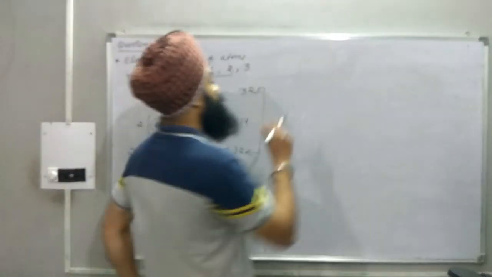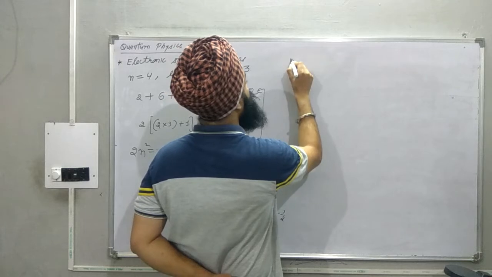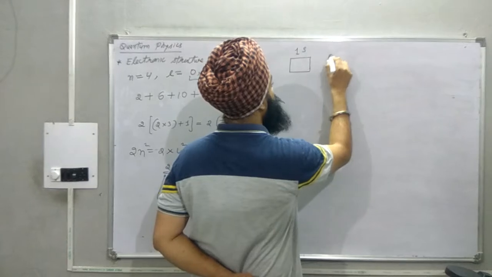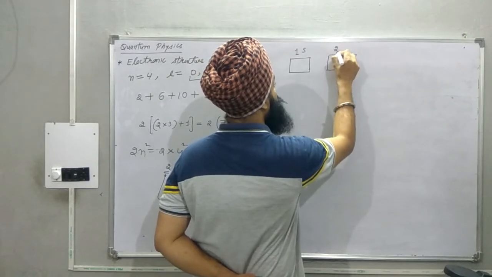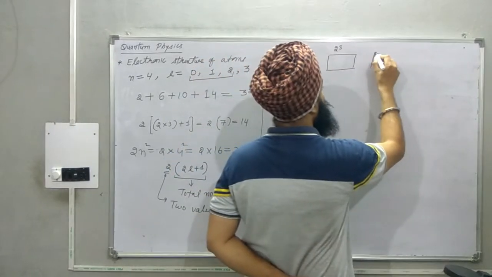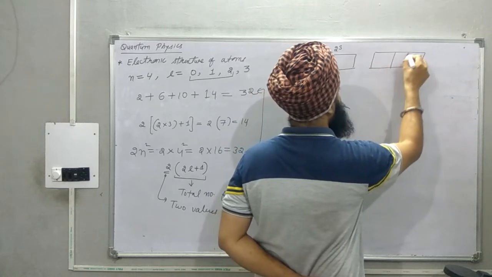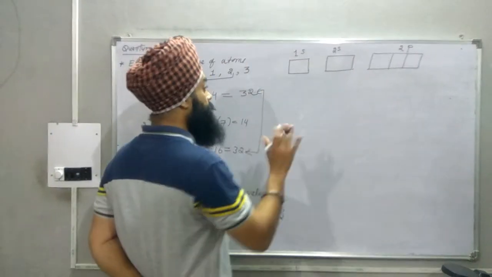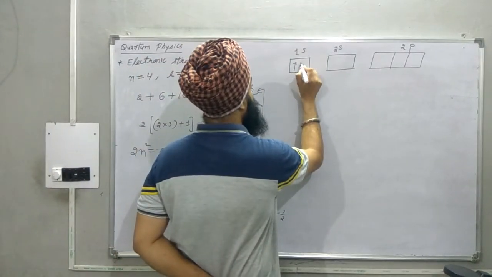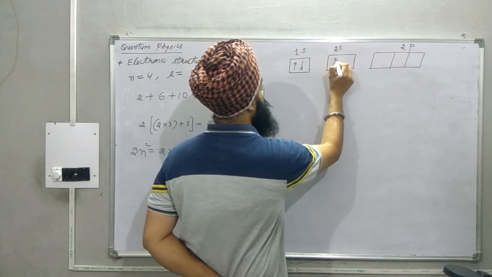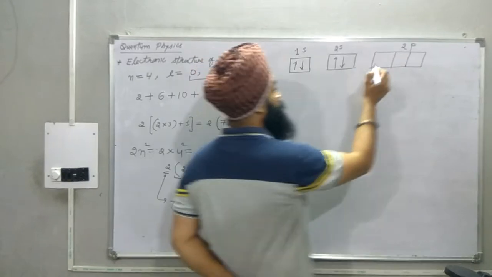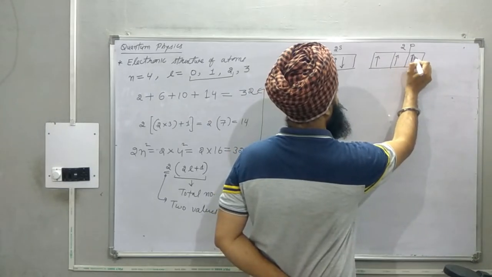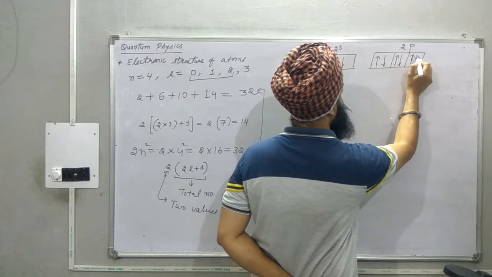So now another question comes. If this is the 1s orbital, if this is the 2s orbital, if this is the 2p orbital, we have already explained that it can contain 2 electrons, it can also contain 2 electrons, and it can contain 6 electrons.